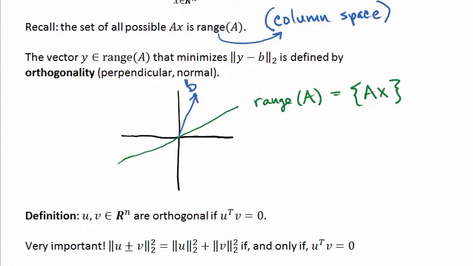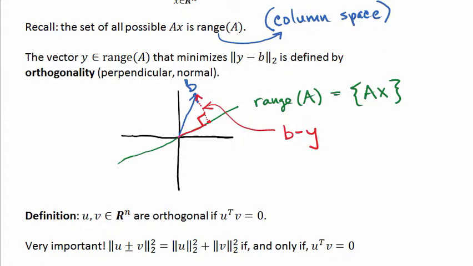So if b were in the range of A, then of course we would have an actual solution to Ax equals b. But it's pretty clear that among all vectors in this green space, the one that comes closest to b is the one that you get by dropping down a perpendicular. This would be the difference between b and y.